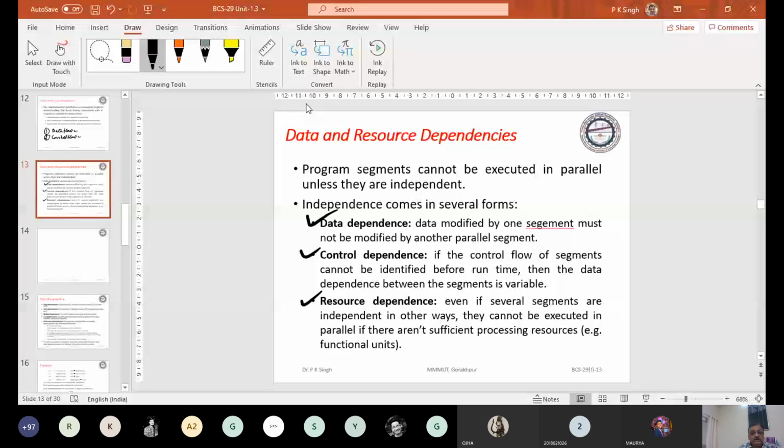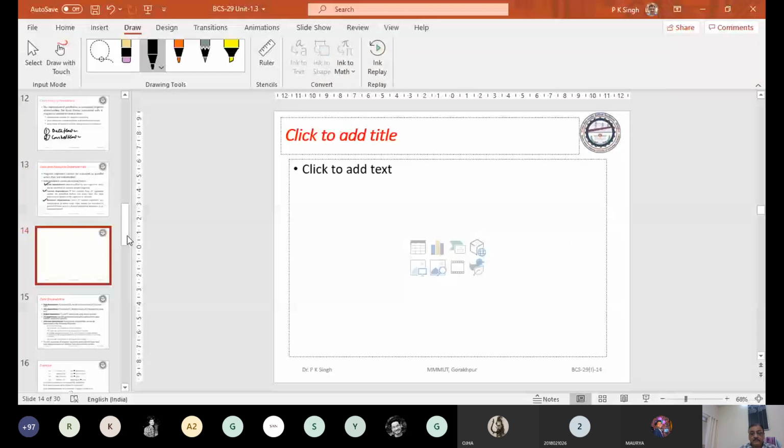Control dependence you can again see: if A is less than B, C equal to 10, else C equal to 15. The value of C depends upon this.